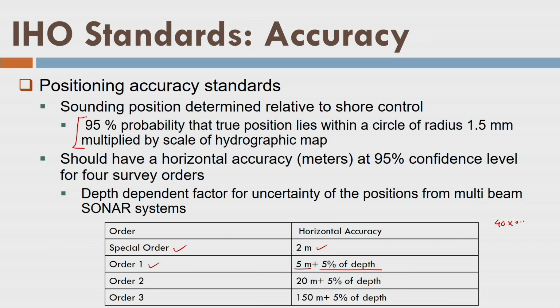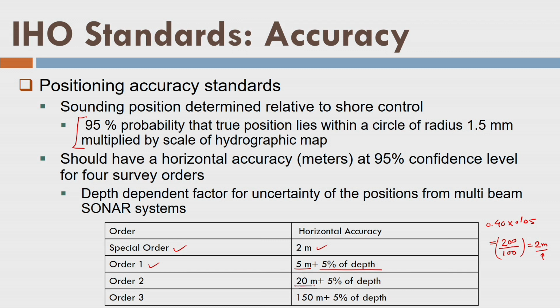Now, if you take 5% of the 40 meter, that will be how much? 40 into 0.05, it is equal to 2. So, we have 2 meter additional tolerance in case of order 1 survey.